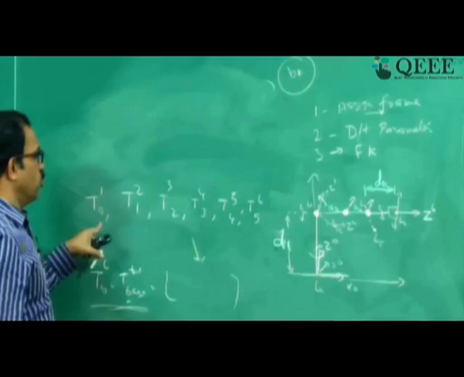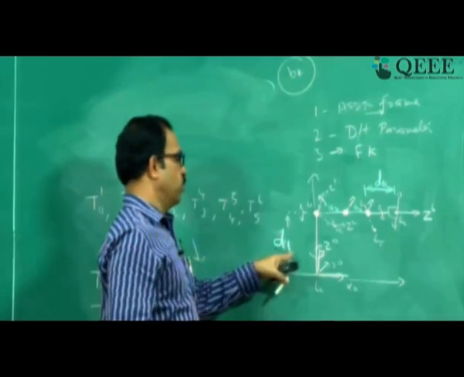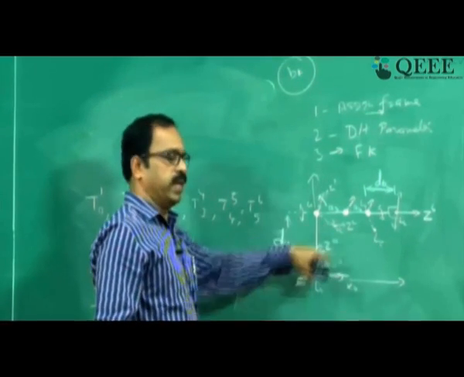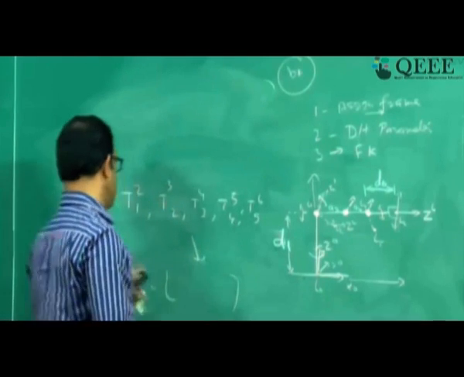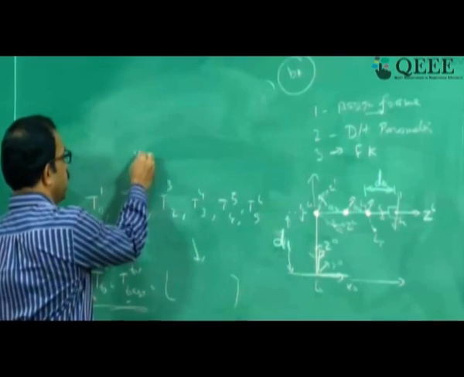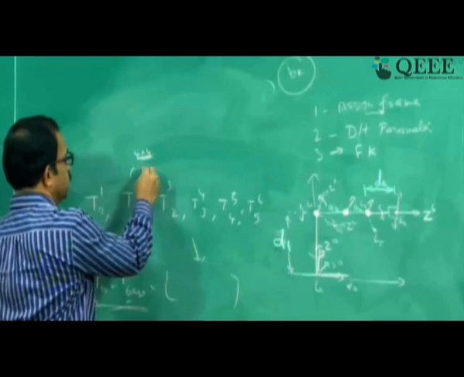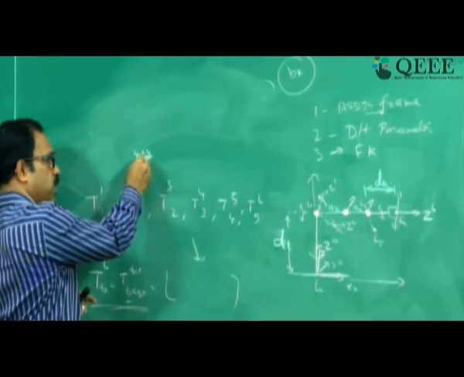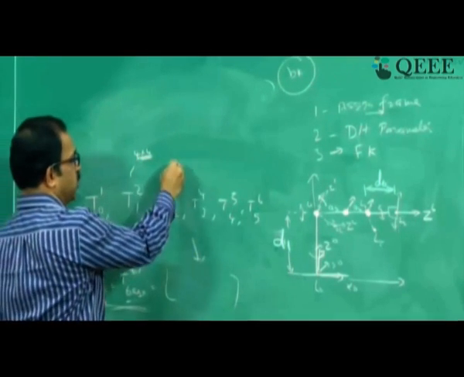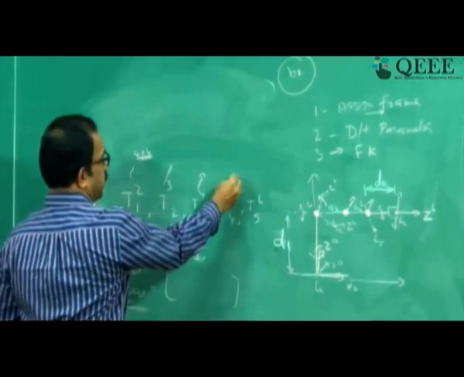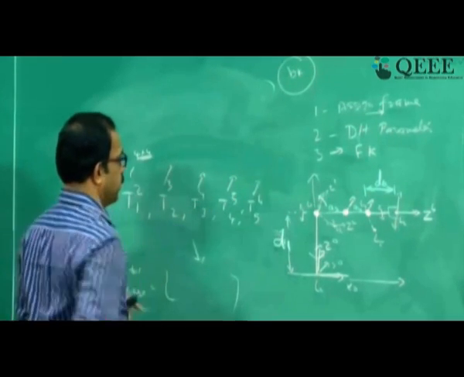So 1 to 0 will be a function of D1, A1, theta 1 and alpha 1. That will be a 4 by 4 matrix. So each one will be a 4 by 4 matrix. This will be a function of only theta 1, this will be a function of theta 2, this will be a function of theta 3, theta 4, theta 5, theta 6.